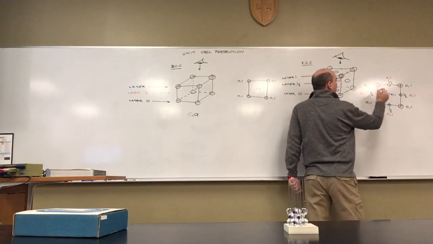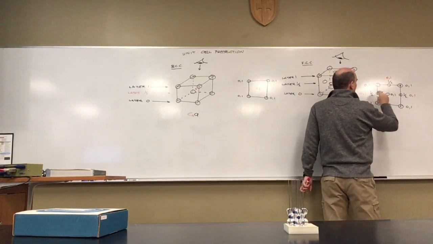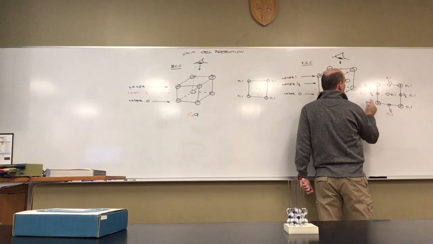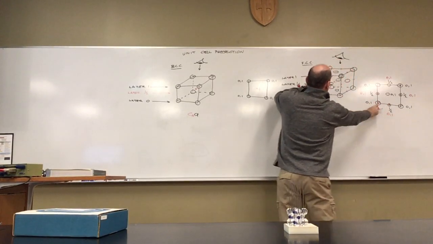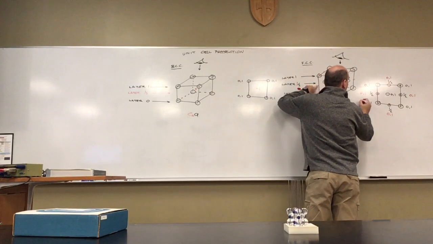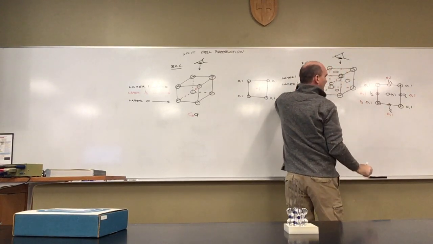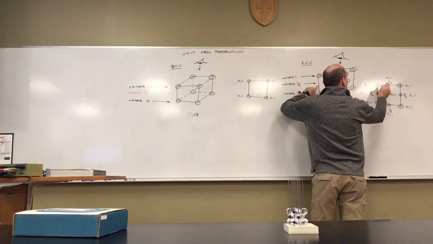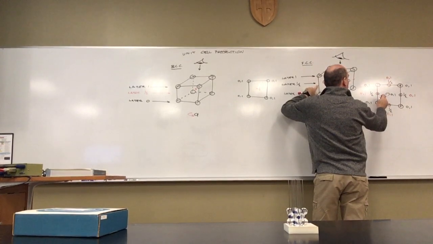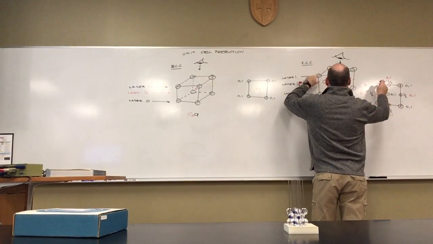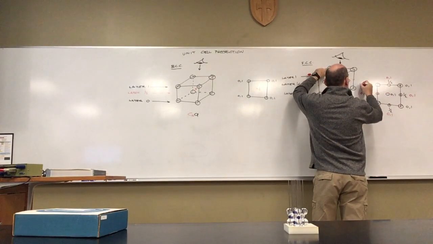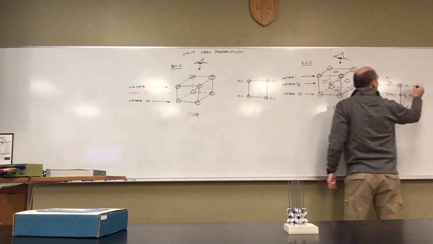So 0, 1.5, and then what have I got here? That is this dot, which is at the half. And that dot is at the half.